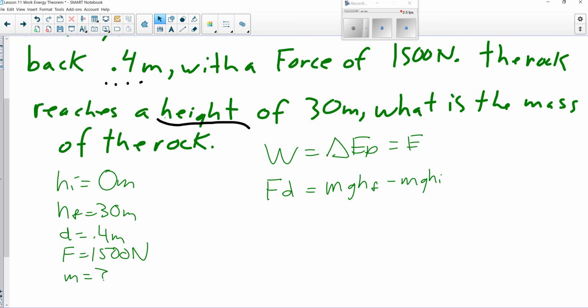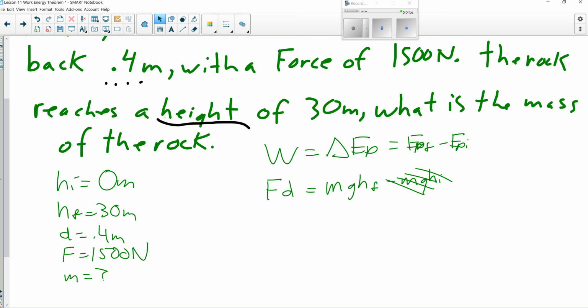It means final potential minus initial potential. Now, because of the context of the question, what do we know the initial potential energy to be? 0, because it's on the ground where you cannot fall any further. So we can cross that right off, which is handy, because otherwise there'd have been 2 m's, and that would have been trickier.